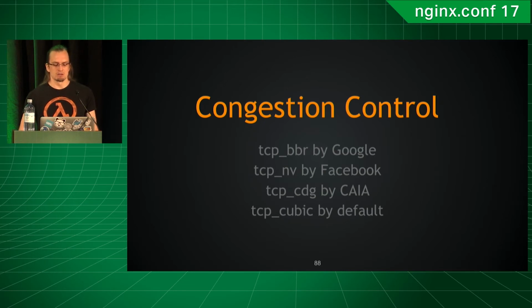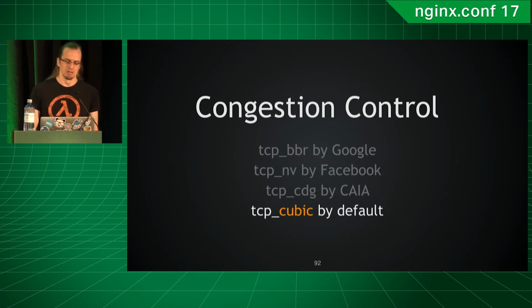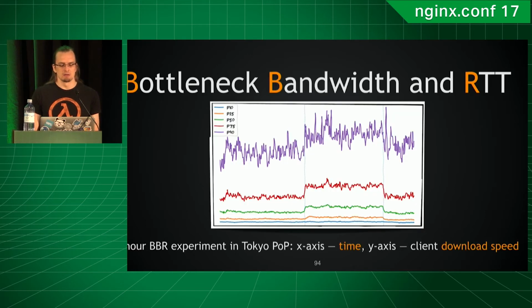For congestion control, there has been lots of work done in the area. Some is done by Google, some by Facebook, some by universities, and people are usually using Cubic by default. So we've been looking at BBR for quite a long time, and this is data from our Tokyo POP.